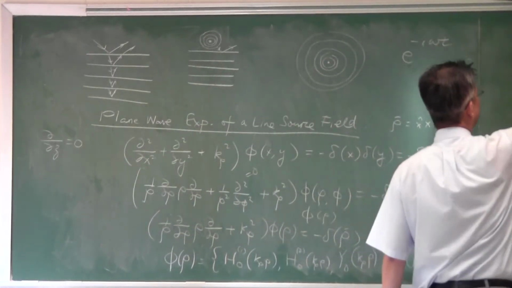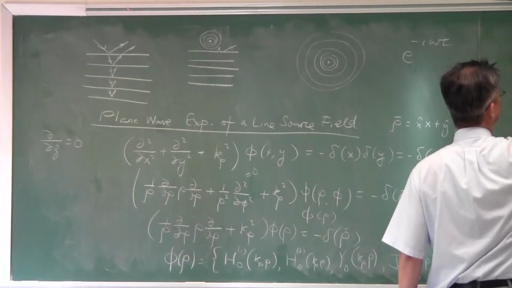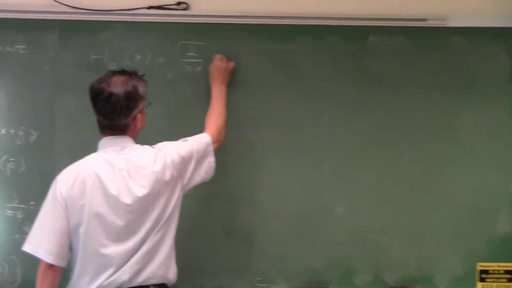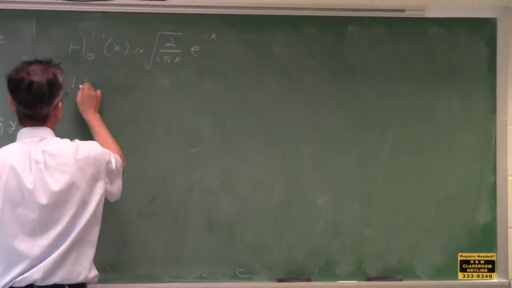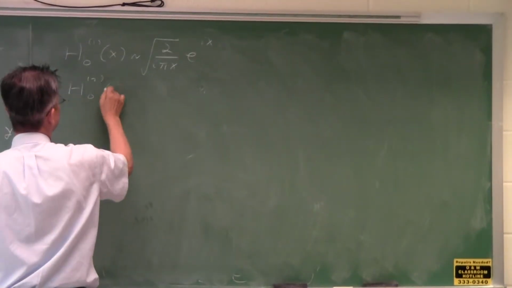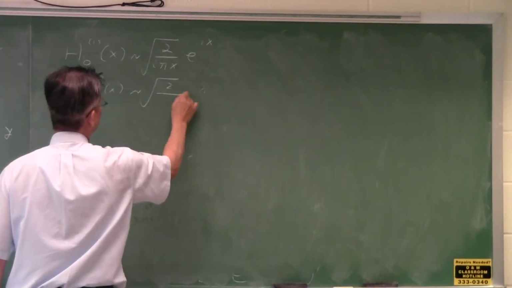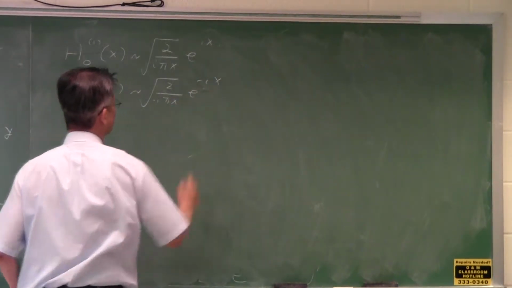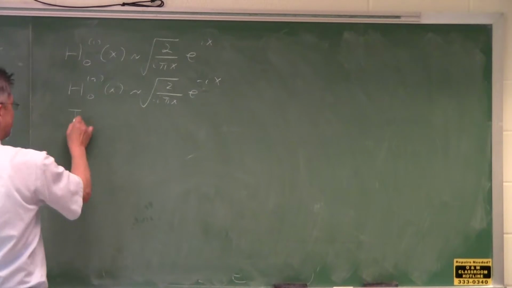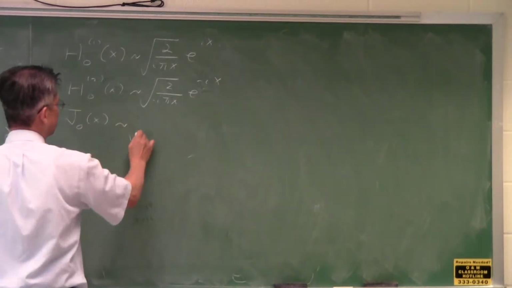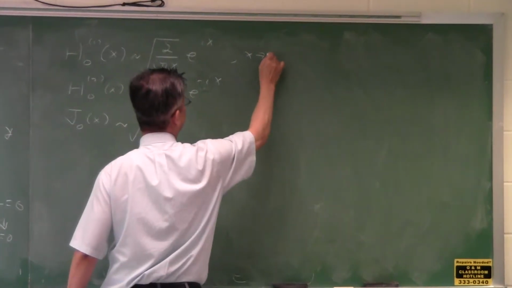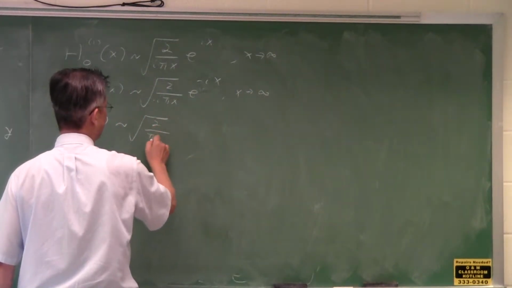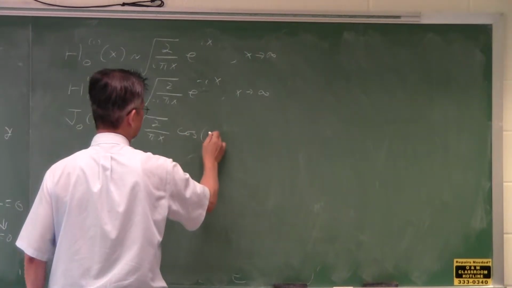Okay, if you remember, H0^(1)(x) is something like square root of 2 over i pi x, e to the i x. H0^(2)(x) I believe must be square root of 2 over minus i pi x, e to the minus i x, or something like that. And then J0(x), this is when x becomes very large, is maybe square root of 2 over pi x, cosine of x minus something.